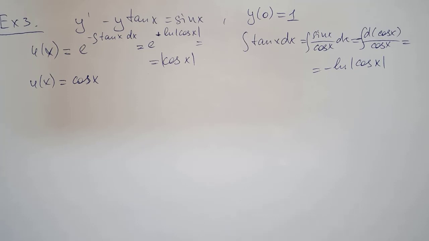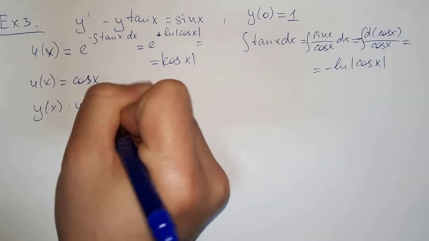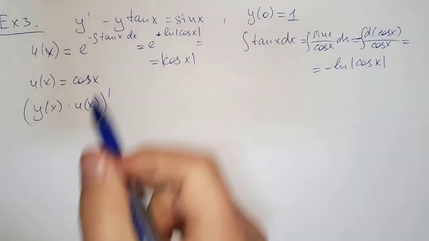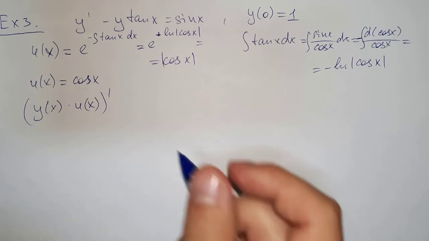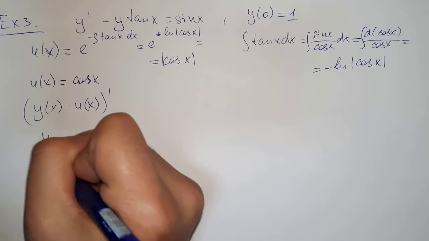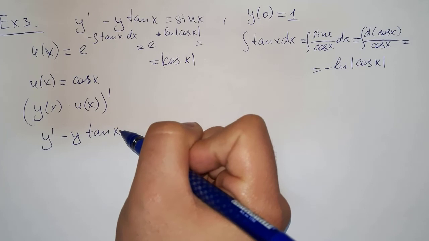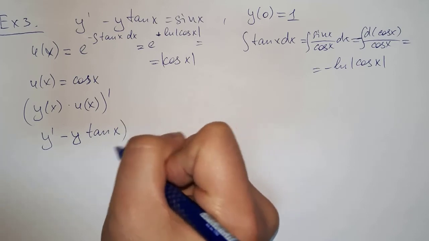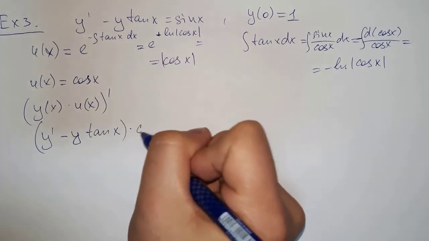Firstly, we need to make sure that the left side of the equation is the derivative of the product y of x times u of x. If it is correct, we can continue. So y prime minus y tangent x, times cosine x.